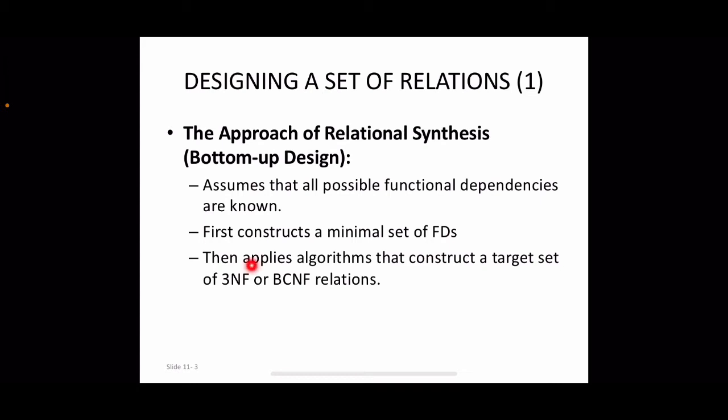Then we apply algorithms that construct a target set of 3NF or BCNF relations. In this bottom-up design strategy, we apply a set of algorithms to the single relation, right? Initially we have a single relation which contains all the attributes of the database. Then we apply an algorithm to decompose this relation into further sub-relations.